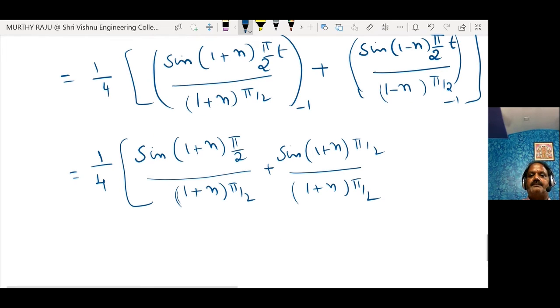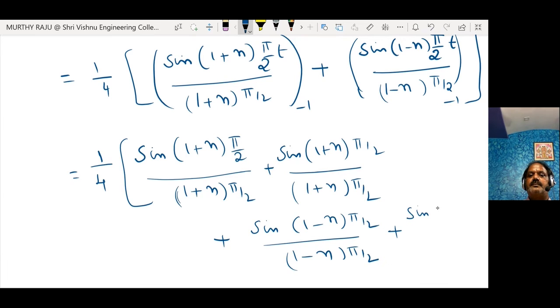In the similar fashion, plus sine of 1 minus n pi by 2 by 1 minus n pi by 2. Again minus of minus is plus, sine of 1 minus n, substituting t equal to minus 1. Sine of minus theta is minus sine theta, minus into minus plus, by 1 minus n into pi by 2.